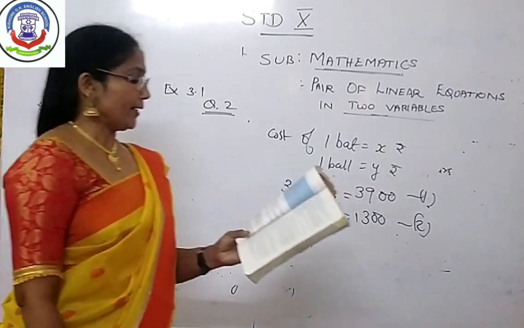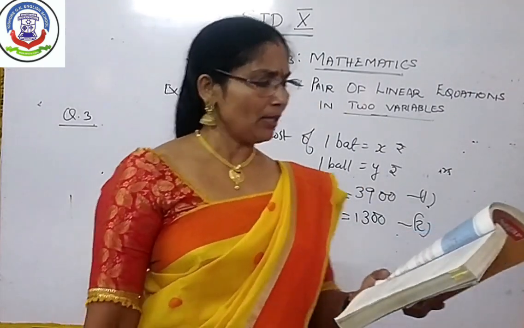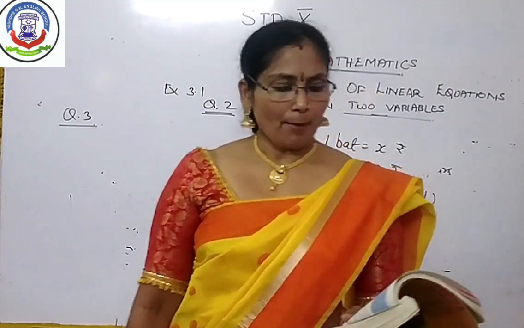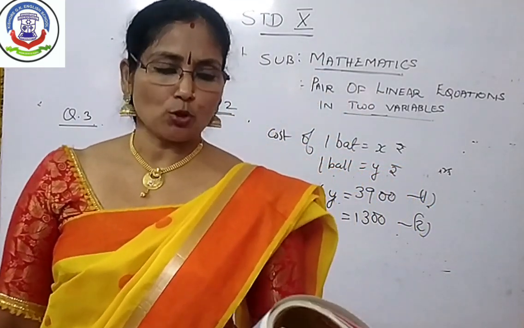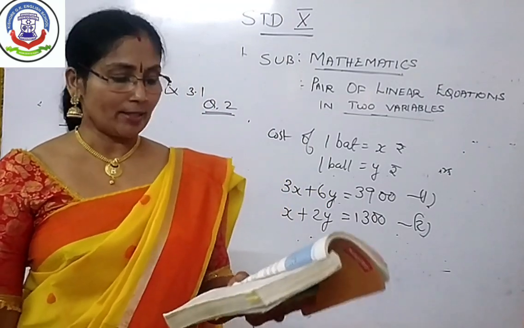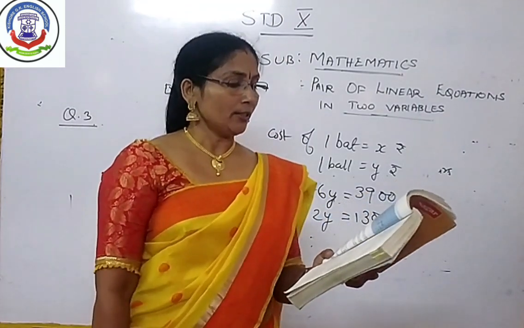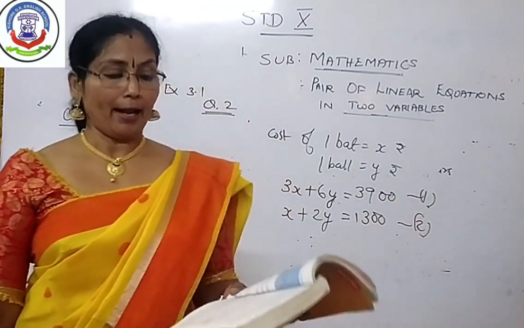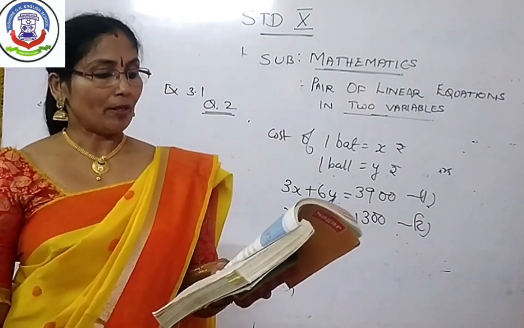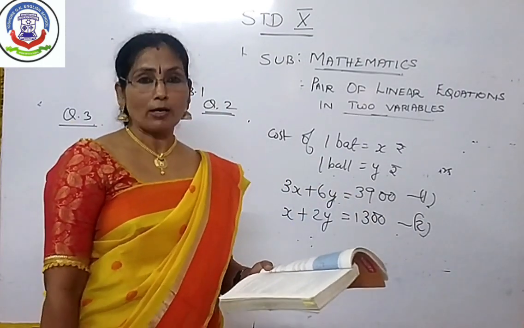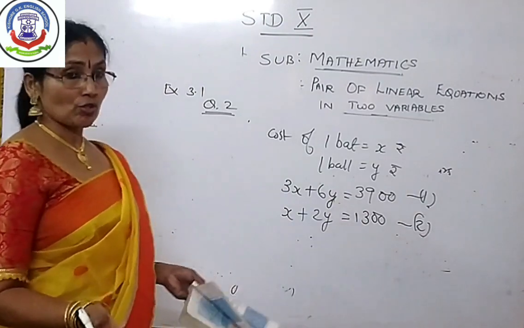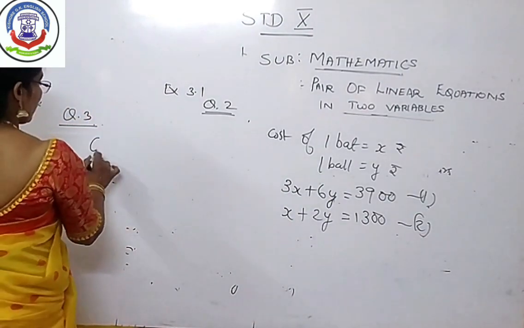Okay, what's given here? That's a very simple sum only. 2 kilogram apples and 1 kilogram grapes on a day was found to cost rupees 160. After one month, the cost of 4 kilogram apples and 2 kilogram grapes is rupees 300. Represent the situation algebraically. Again, same question like this way only.